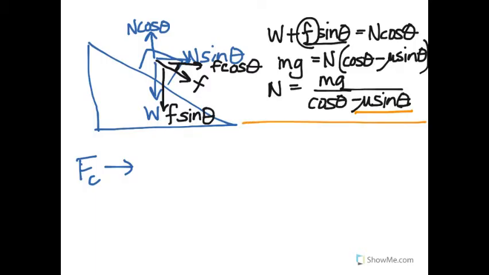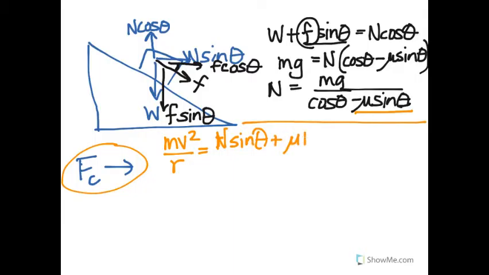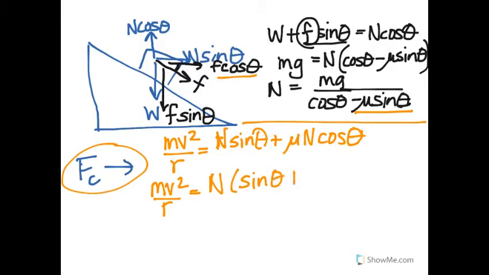So now we need to look at what's causing the centripetal force. And so I have mv squared over r is equal to the normal force times the sine plus mu times the normal force times the cosine. Again, that's F. And so if I factor out an n again, I get mv squared over r equals n times sine plus mu cosine.